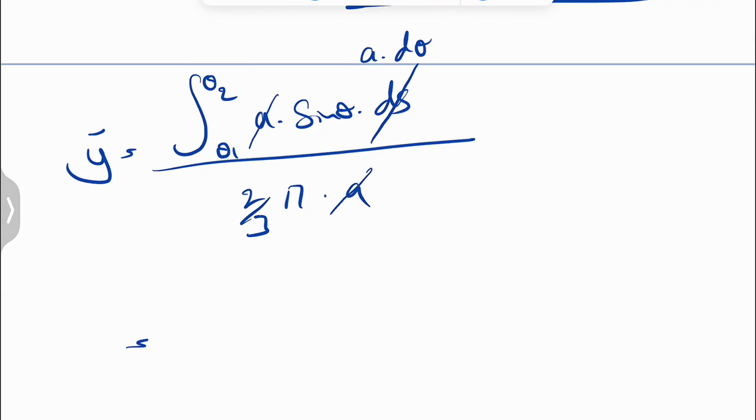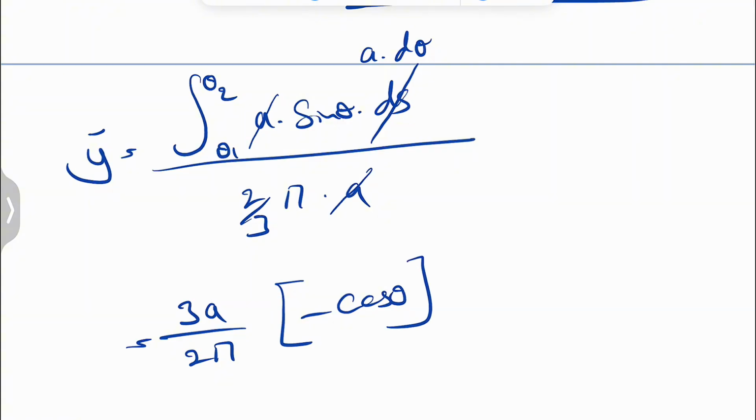So we can cancel out one of these. So it's going to be 3a over 2 pi times negative cosine of theta. And again, we go from pi divided by 4 to 11 pi over 12.